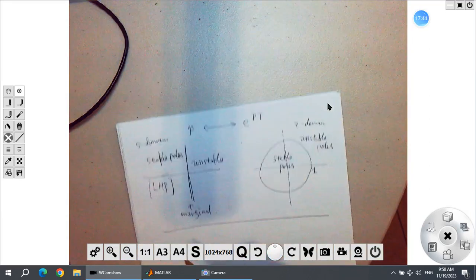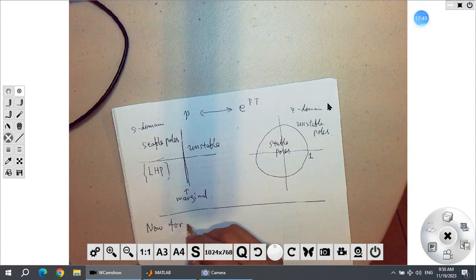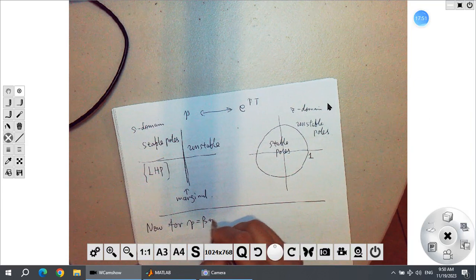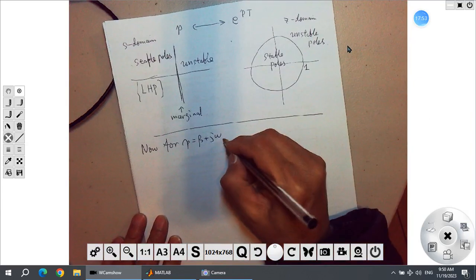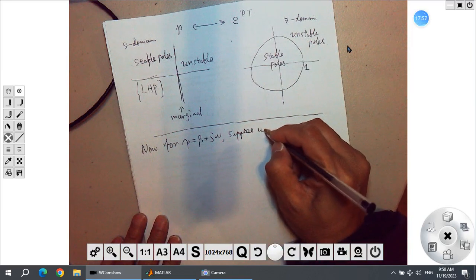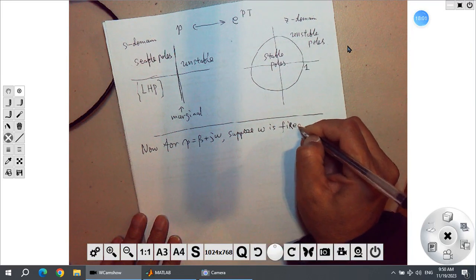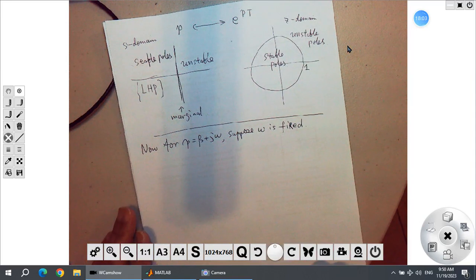Okay. Now suppose p equals beta plus j omega. Suppose omega is fixed. Now what is beta? When beta is changing, what will happen?